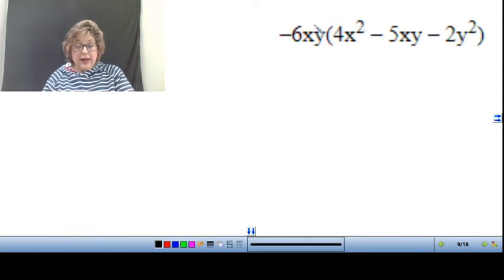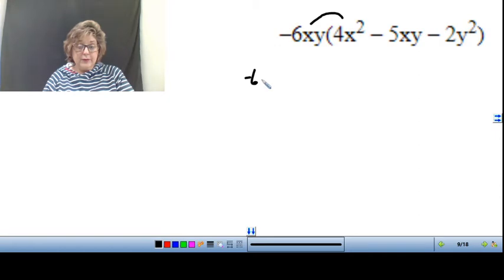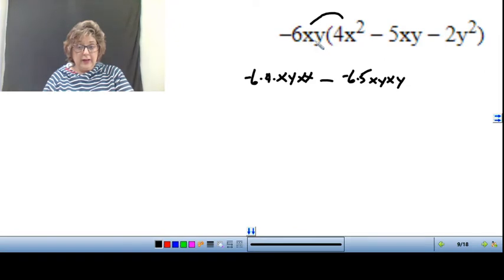So let's look here. I'm going to multiply this times this, so it's a negative 6, and I'm going to bring my times 4 times, I have 1x, a y, and then 2 x's there, minus 6 times, that's a negative 6 times 5, 1x, a y, an x, and a y, an xy from this one, and an xy here, minus negative 6 times 2, I have an x, a y, and here I have 2 y's.